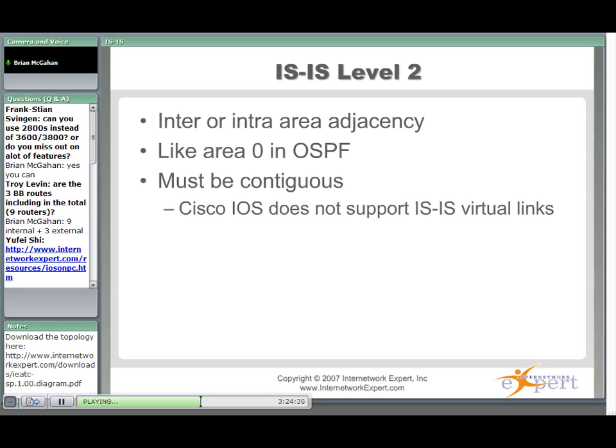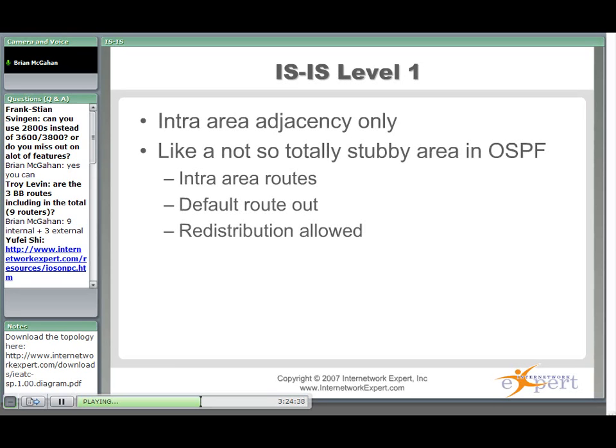Now, the level 1 routing is going to be like intra-area routing, similar to intra-area routing in OSPF. If you are in IS-IS level 1, you're going to see routes in your own area, so you'll see intra-area routes. You'll see a default route out to the area border router, which is going to be called the L1, L2 router, and redistribution is allowed into the area.